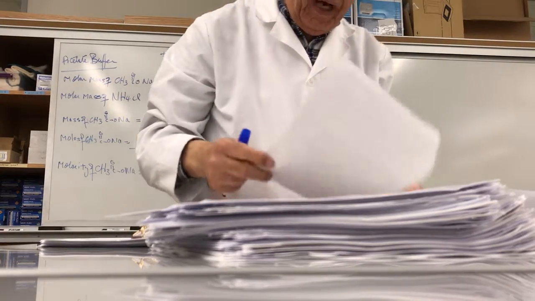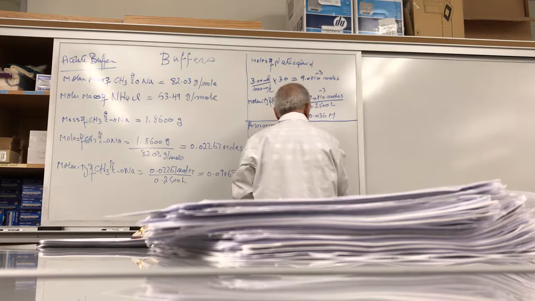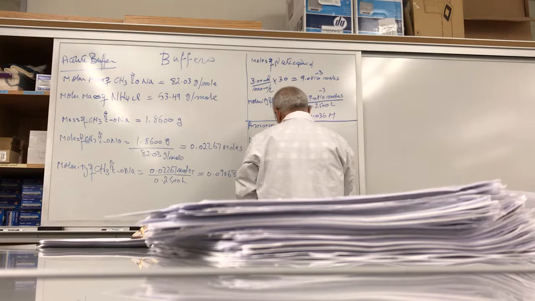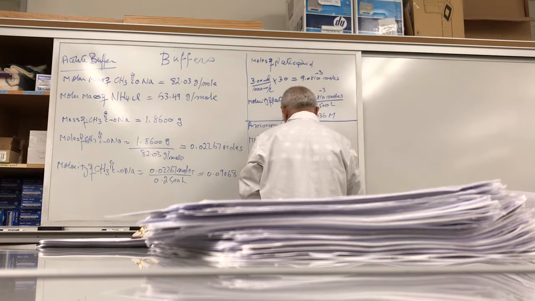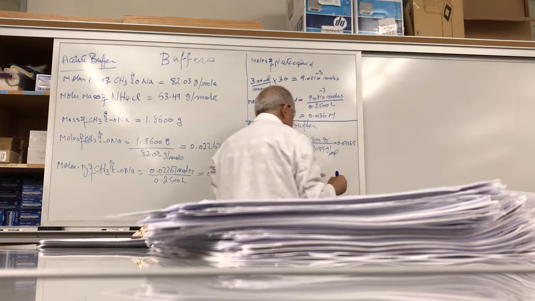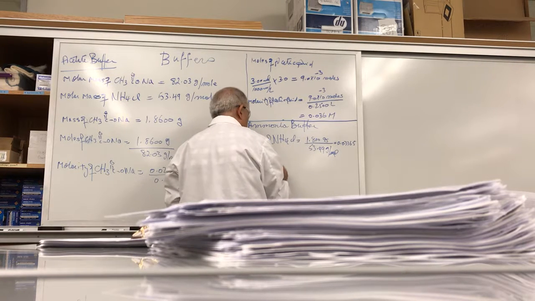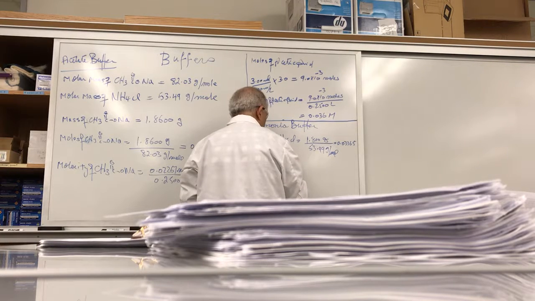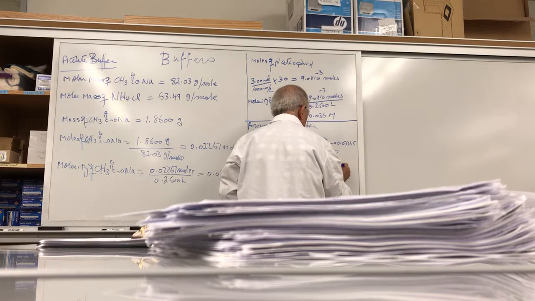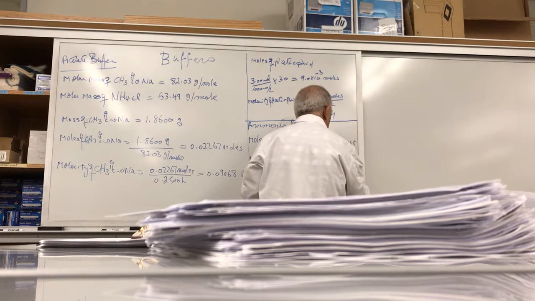I am using my number, guys: 1.800 grams of ammonium chloride divided by 53.49 grams per mole, and I get 0.03365 moles. So the molarity of ammonium chloride, NH4Cl, will equal moles over volume: 0.03365 over 0.2500, and that gives me 0.1346.